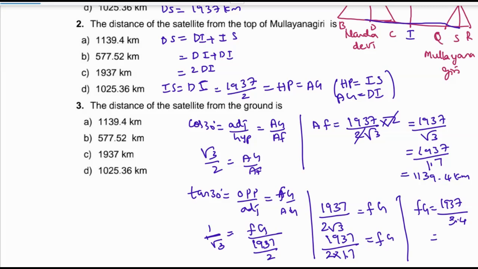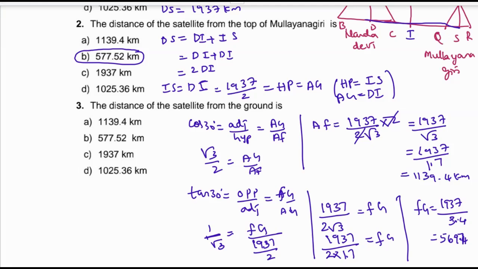If you divide this, you get the answer as 569.4, about 569.7 kilometers. So the second option, 577 nearly, so option B will be the answer.